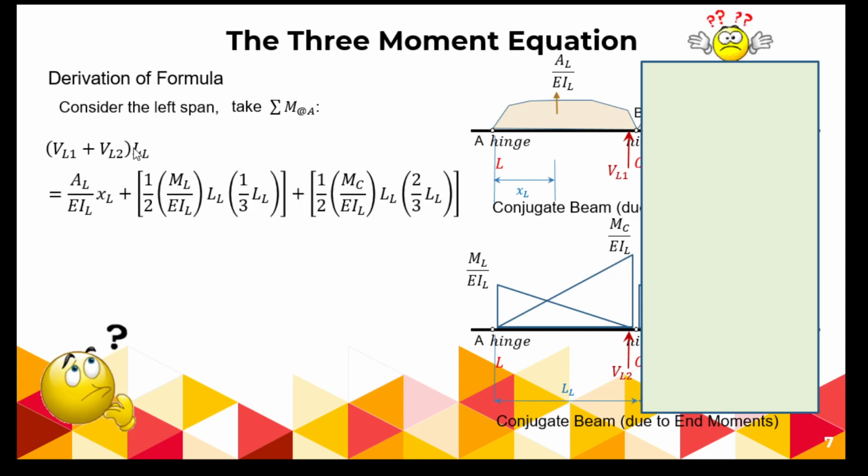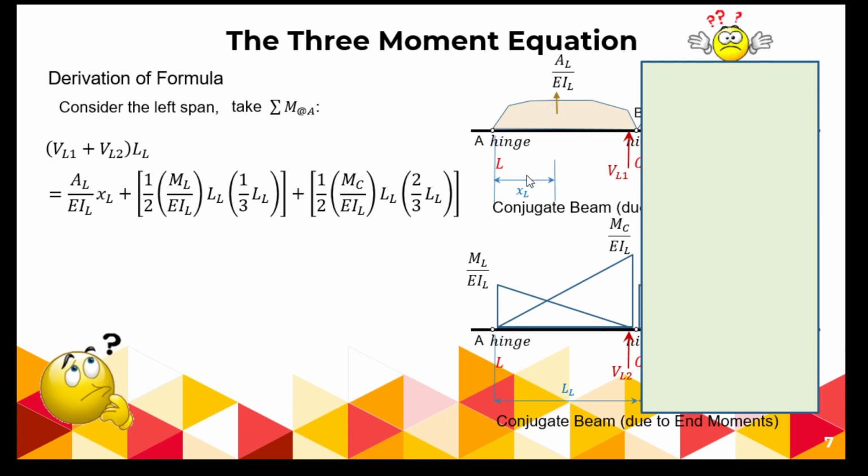So this equation is equal to A times L over EI sang left span. Tanan nga mga terms, L na ang iya nga subscript because we are referring to the left span sang aton nga two span nga gina-consider. Times the centroid.